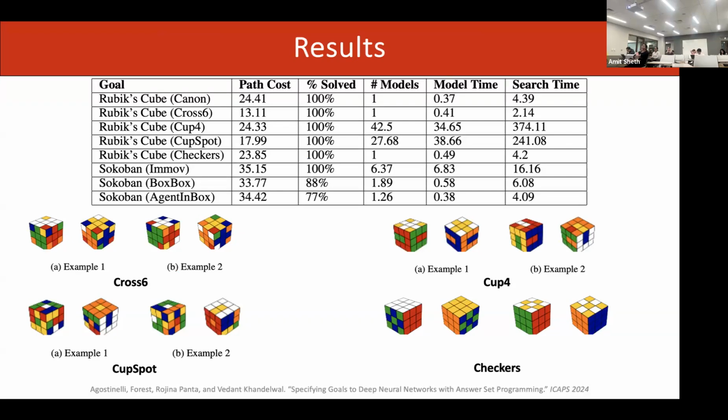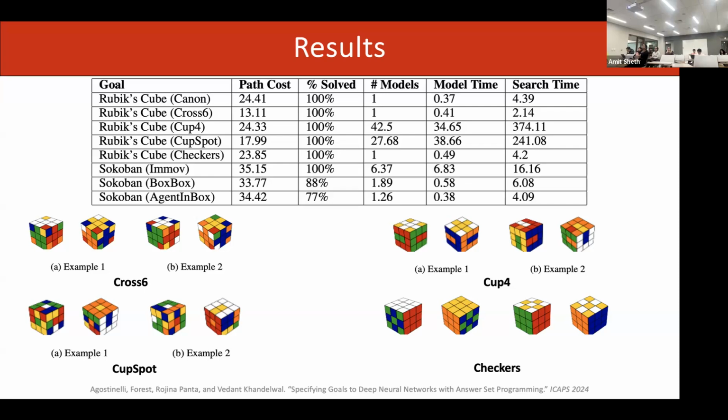But before we get to that, I just want to talk about some of the results we have for these different specifications. For example, I can specify that I have 6 crosses on the face of the Rubik's Cube. I don't care about anything else, just give me 6 crosses. Now, of course, the canonical solved state also implicitly has these 6 crosses. But you can see here that the path cost for the 6 crosses versus the canonical one is actually much smaller.